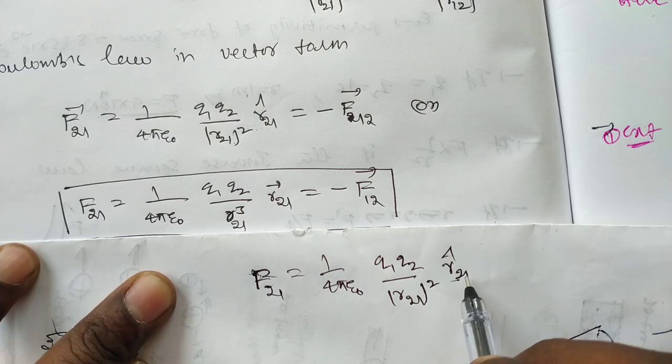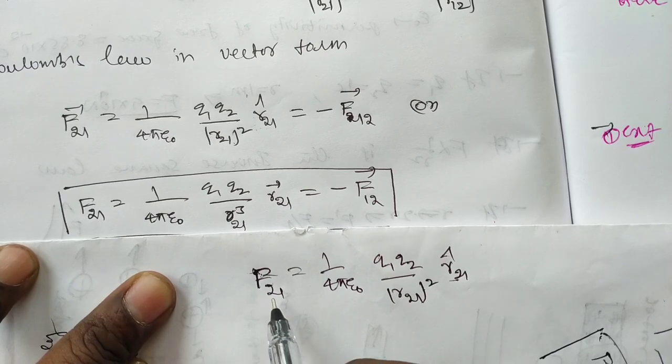This is the vector form for the second charge.